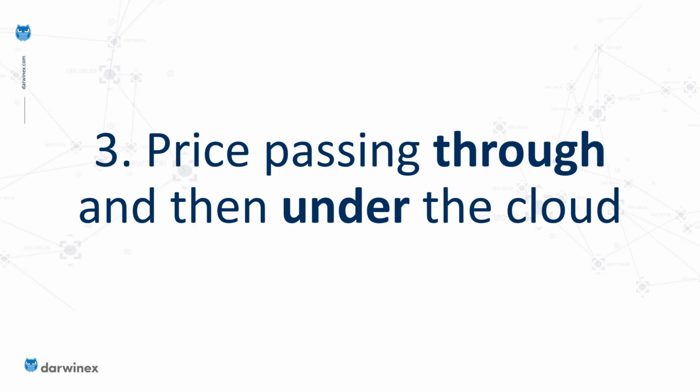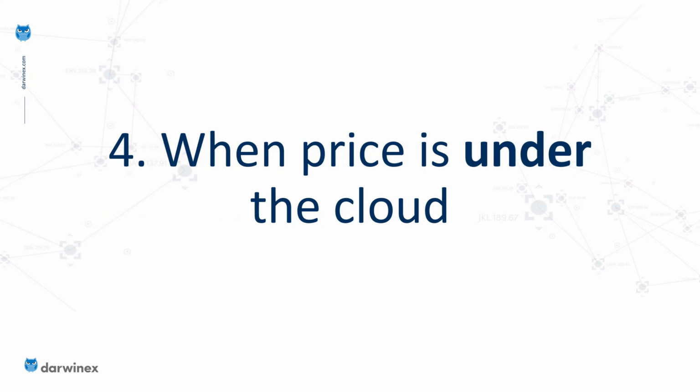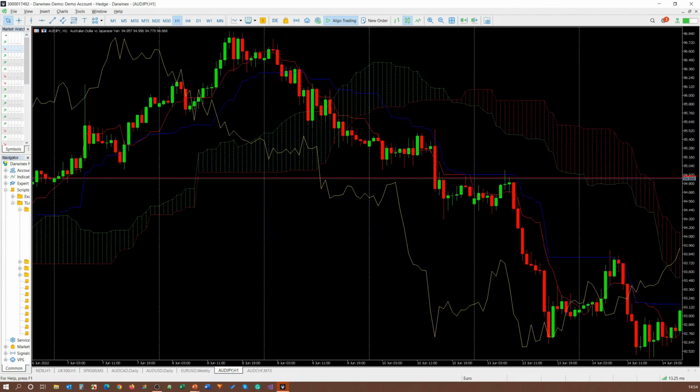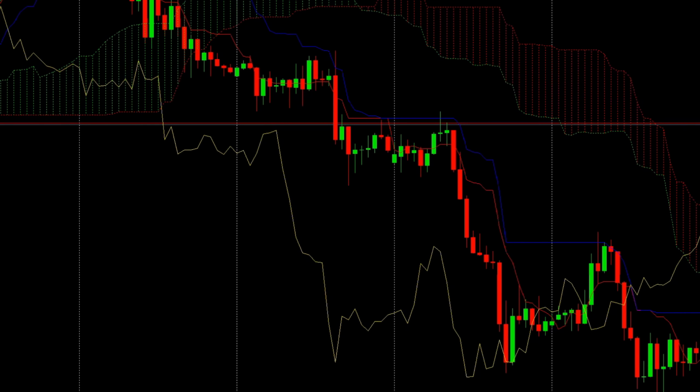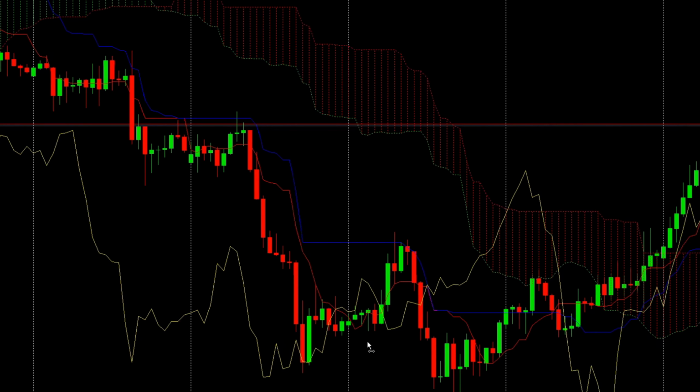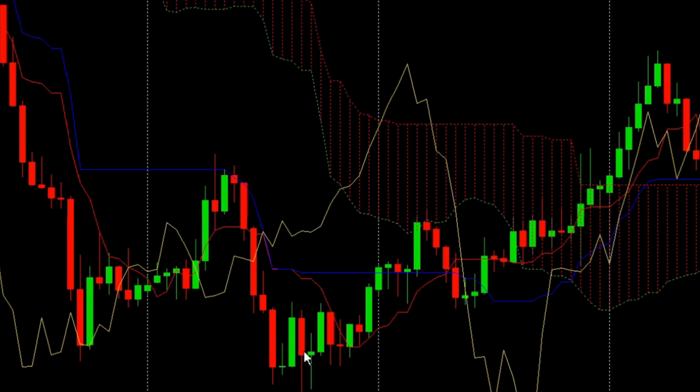And again, that brings us on to the interpretation of when price is underneath the cloud. And here we would expect the Kumo now to start providing resistance to that price action. And we can see if we scroll along a little here, initially, as soon as the price action hits the bottom of the cloud, the price action is sent rather strongly downwards again, indicating that resistance.